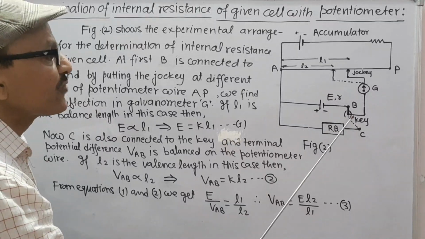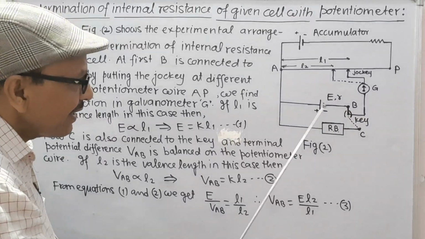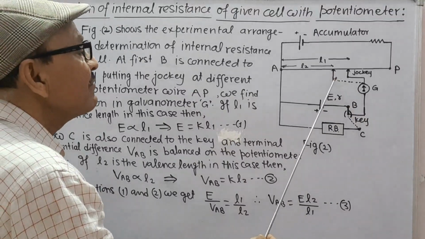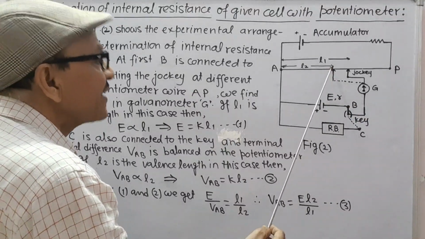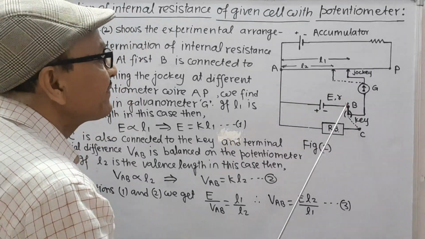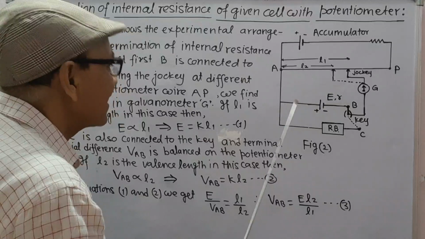Now point C is also connected to the K, and we find the balance point L2 corresponding to the terminal potential difference V_AB of the cell.